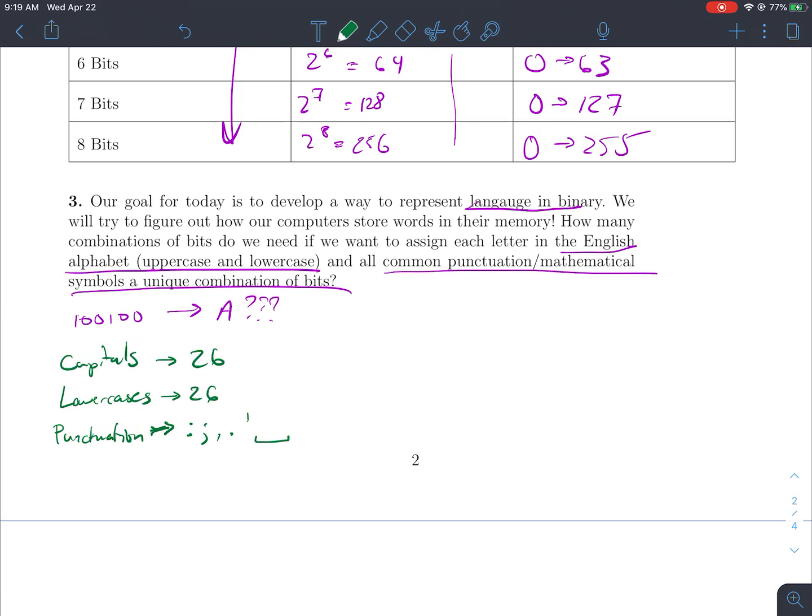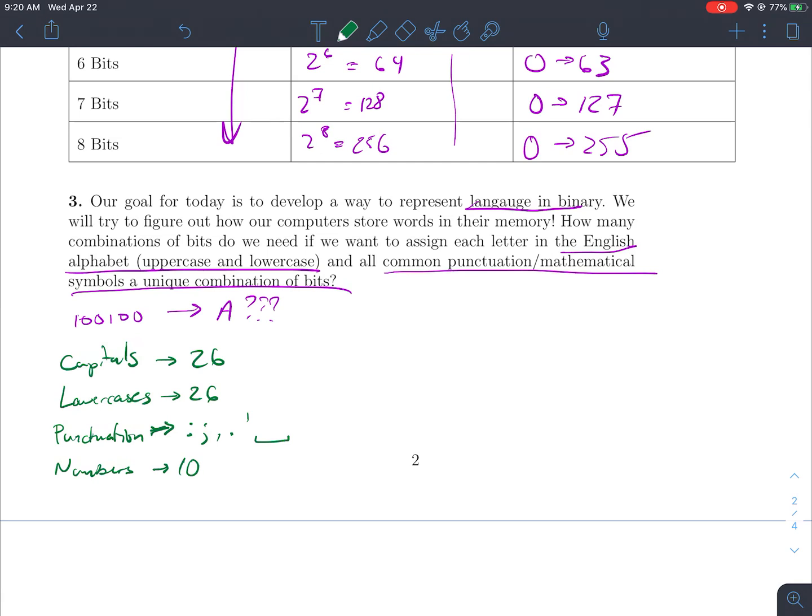We know we need a space bar, so let me just put that here. I know it's not punctuation. We also, maybe we want to include numbers in our messages. So we need 10 different symbols for the numbers because we want to be able to put 0, 1, 2, 3, 4, 5, 6, 7, 8, 9, 10 different digits.